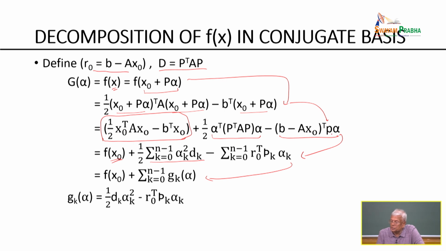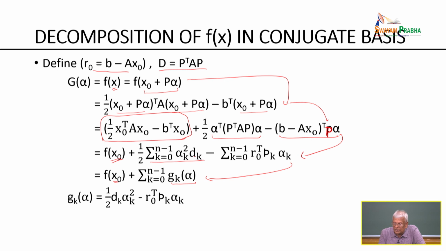So, R naught transpose P alpha, where this is the capital P matrix. Therefore, this is equal to the sum of R naught transpose p k alpha k, k running from 0 to n minus 1. I can rewrite this as a summation. I am going to define a new function g k of alpha.